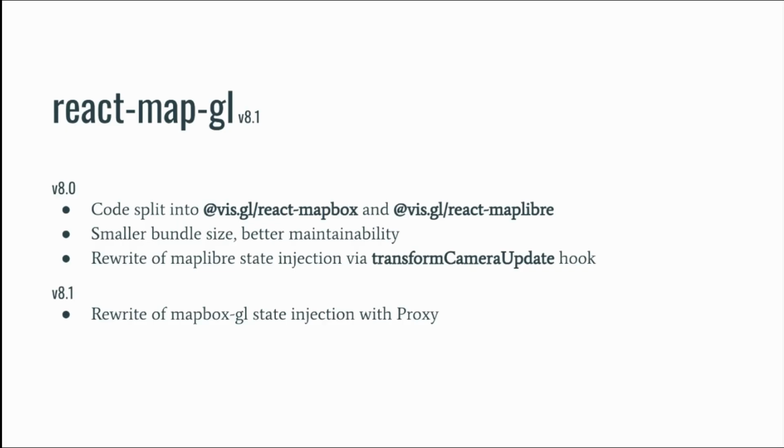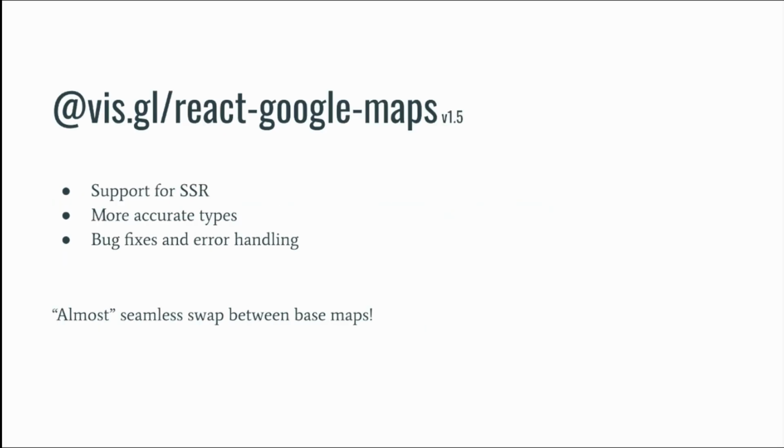This is all released in 8.1. It's supposed to work better for both Mapbox and MapLibre users. And React Google Maps, the contributors will talk about it tomorrow. But in the past year, it has had some really nice updates for server-side rendering support and TypeScript.